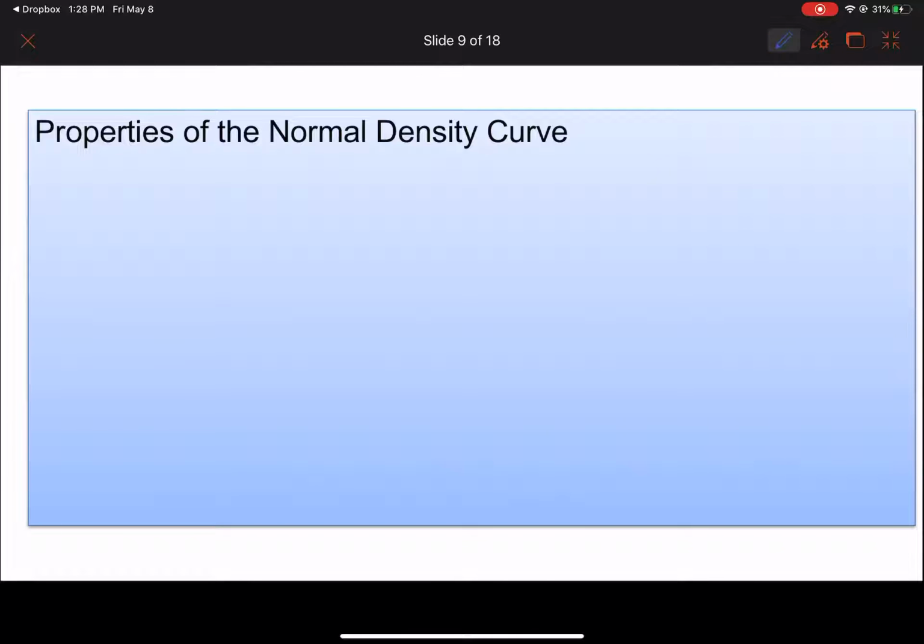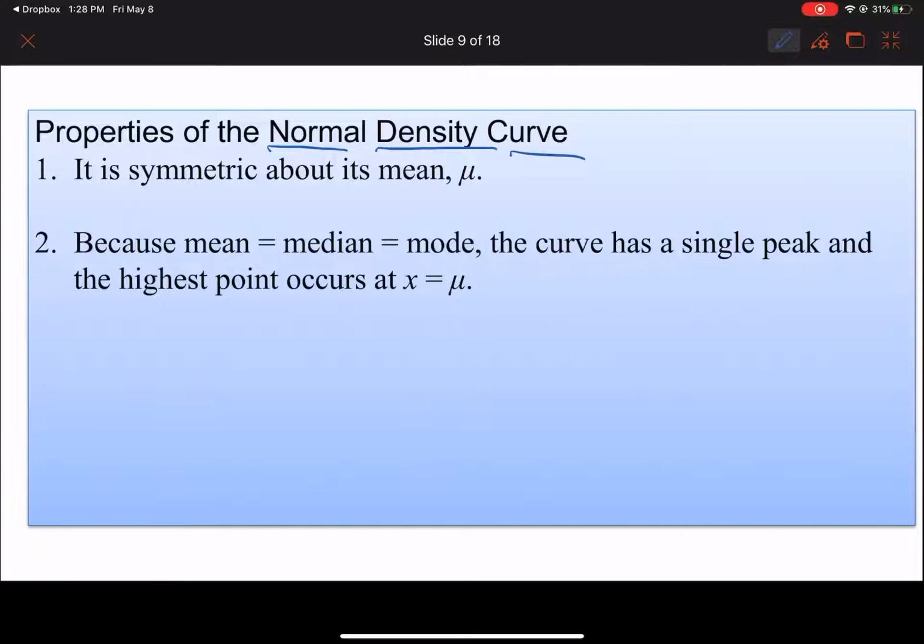So the properties of our normal density curve. First, it's symmetric about the mean. This means that 50% of our data is going to be above the mean, 50% of our data is going to be below the mean. The mean, median, and mode will all equal each other or be really close. It's going to have one single peak, and it's going to be at the highest point where x equals mu.